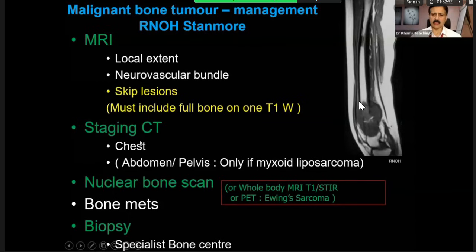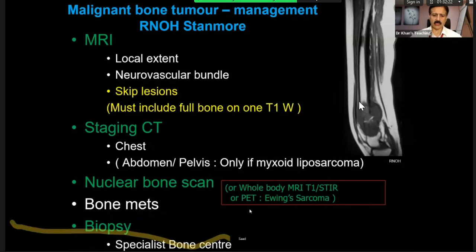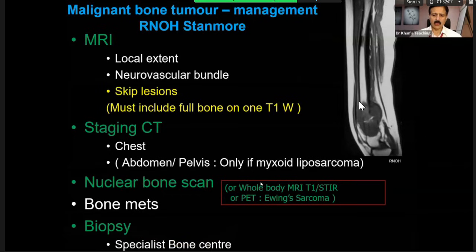Please remember things like osteosarcoma, which cause pneumothorax. You know that that has come in the exam. Nuclear scan you will do. Another thing is, in some centers, whole body MR, which includes a T1 star, is now being used.